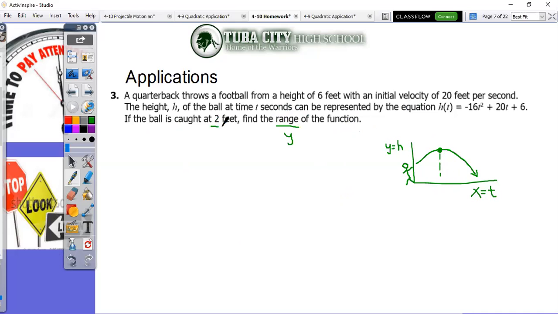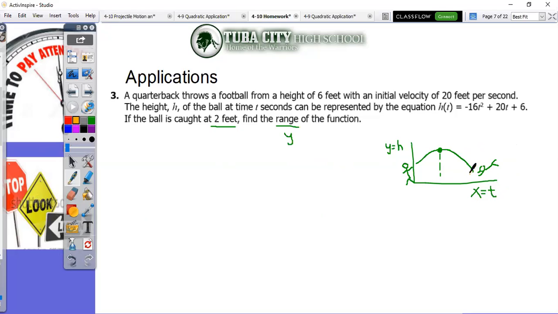Now, there's also another clue here, and that is the football is caught at 2 feet above the ground. So he probably has a fellow player. The ball comes a little bit lower, and he probably dives for it. All right, but that's when the ball stopped its normal path of falling.